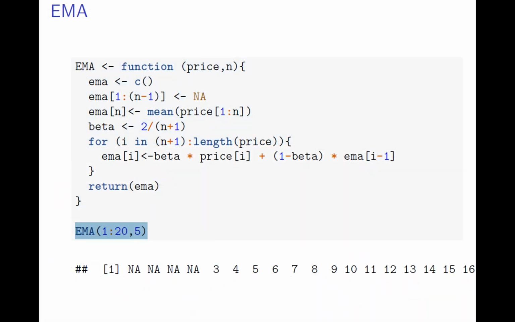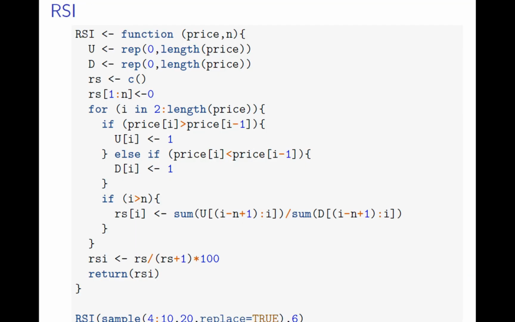Now the next one is RSI. The RSI function is a little bit more complicated, but we again use the for loop and if statement. So we have a function depending on price again, because this is what RSI is. First, what we're doing here is setting up and down as vectors of 0 until the length of price.